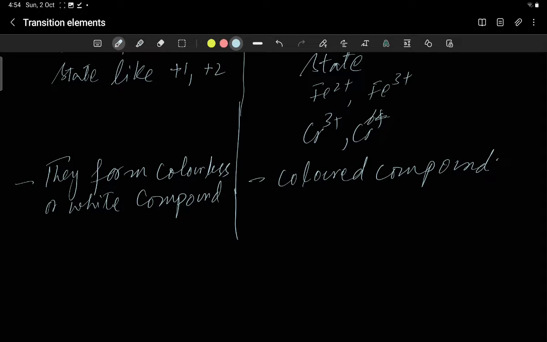And there is another typical property: transition metals form stable complexes.